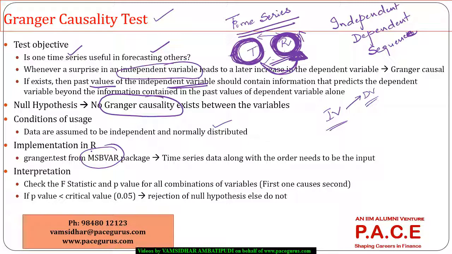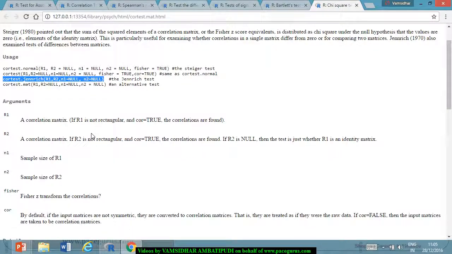If I say order equal to 1, it means one past value of the independent variable will influence the dependent variable. If I say order equal to 2, the two past values of the independent variable will influence the dependent variable, and so on. So we'll go with the MSBVAR package first to start with.